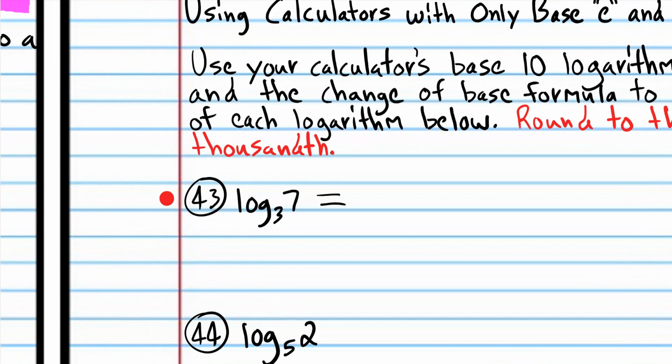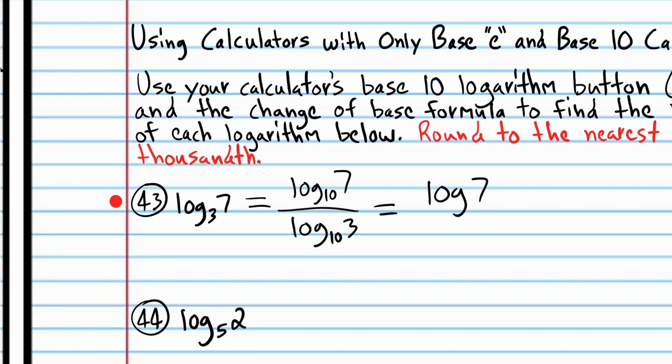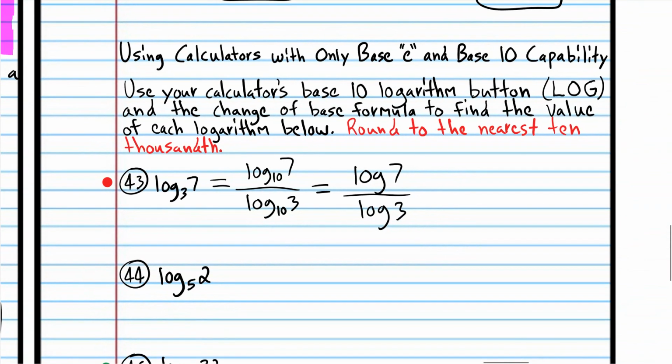So if we're going to use the log base 10 button, then we have to use base 10 logarithms, obviously. But remember, when we write a base 10 logarithm, we don't have to write the base. We can just write log 7 over log 3.